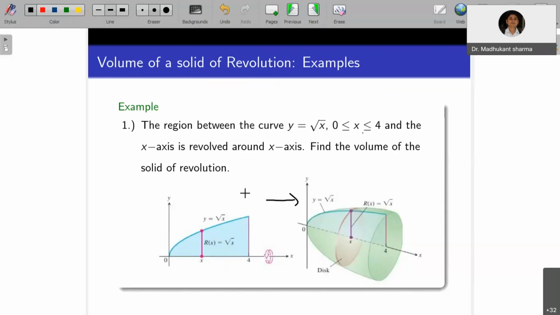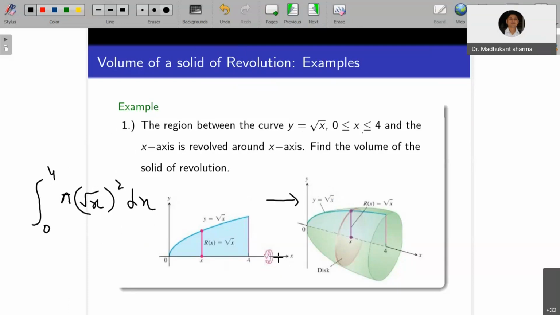Find the volume of the solid of revolution. So here it is the integration from 0 to 4, by the formula, of pi f of x whole square. At any point f of x is root x, so root x whole square dx. That will give you the volume of the solid.